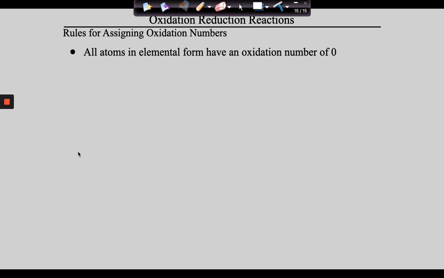Rule number 1 is this. All atoms in their elemental form have an oxidation number of 0. So guys, if you have an element, that element has an oxidation number of 0.